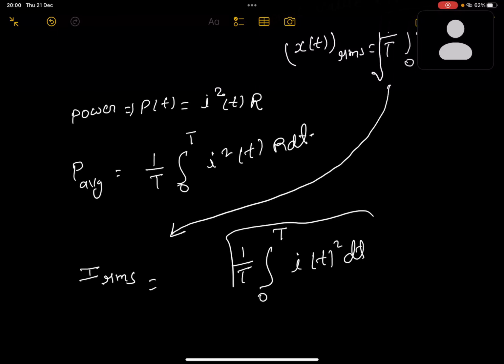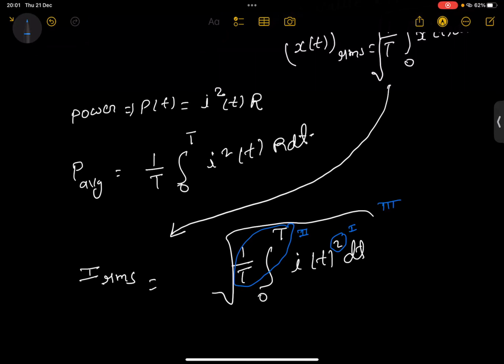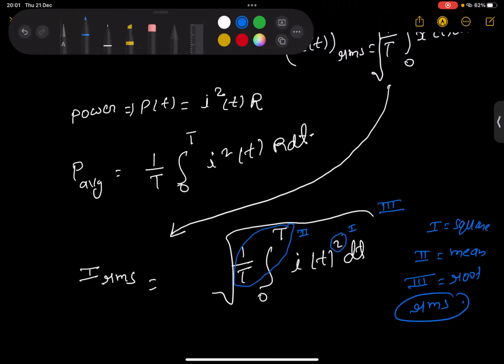What are the steps you follow here? First is square, second is mean, and third is root. This will become RMS.